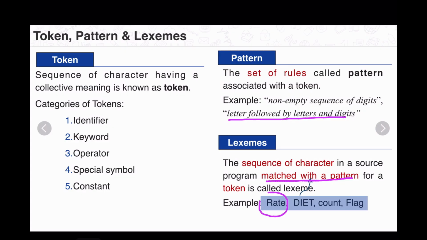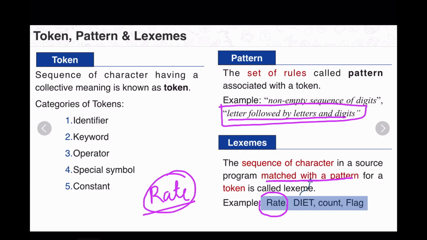Here, rate is a sequence of characters that matches a pattern. The pattern is a letter followed by letters. There may be a digit, or it may not have a digit. Even just R is also an identifier; it need not have one more letter. There may be two letters, three, or infinite letters, depending on how you are using it.